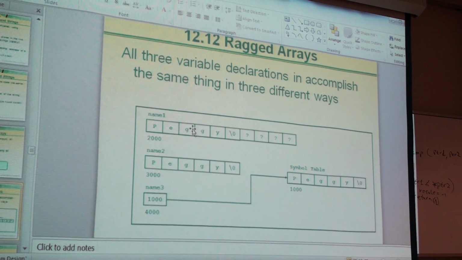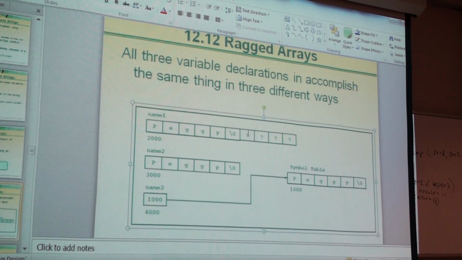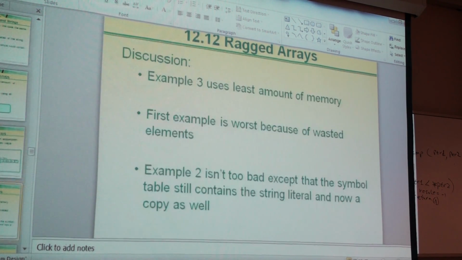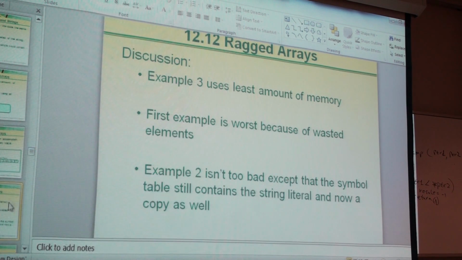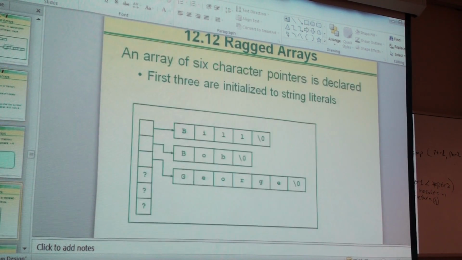The first one had 10 as the length allocated, and we had some waste of allocation space here. And so the idea here of a ragged edged array is this one, where we have an array of pointers to character strings, and each of these character strings is exactly the required size based upon the string length.